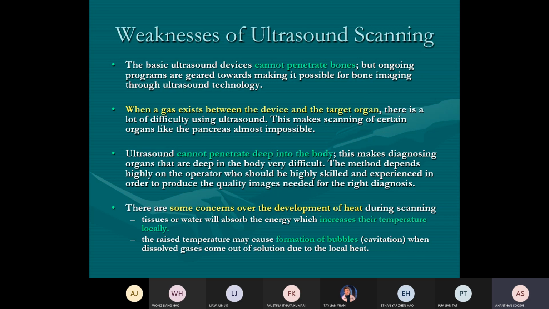Rising temperature may cause the formation of bubble cavitation in the tissue. But overall, ultrasound is safe. Not entirely; you can get excessive heat, which means prolonged use of the ultrasound for a long period. The main disadvantages, of course, are that it cannot check bone and cannot go deep.